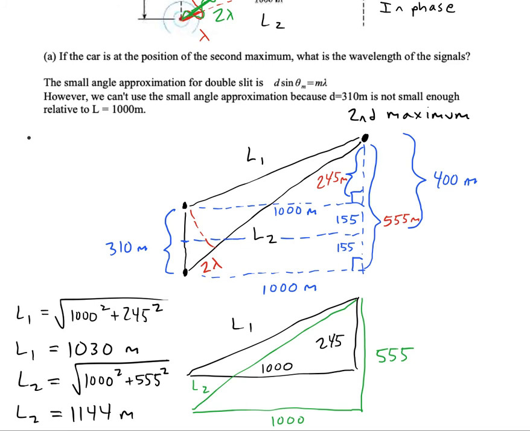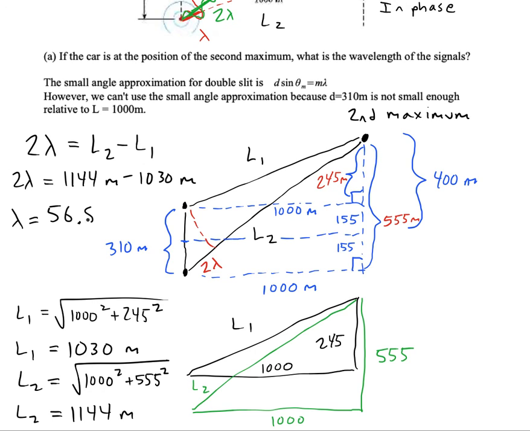So what I would do is say that 2 times the wavelength equals L2 minus L1. And if we solve that, we get 56.8 meters.